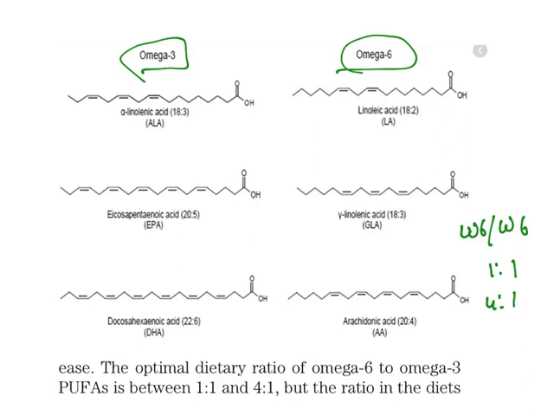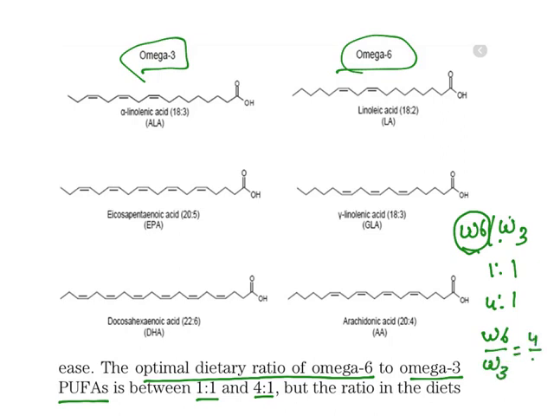That means maximum you can have 4 times omega-6 fatty acids to omega-3 fatty acids. Look at this. The optimal dietary ratio of omega-6 to omega-3 polyunsaturated fatty acid should be between 1:1 to 4:1. So when you see the dietary intakes of omega-6 and omega-3, it should be either 1:1 or 4:1.